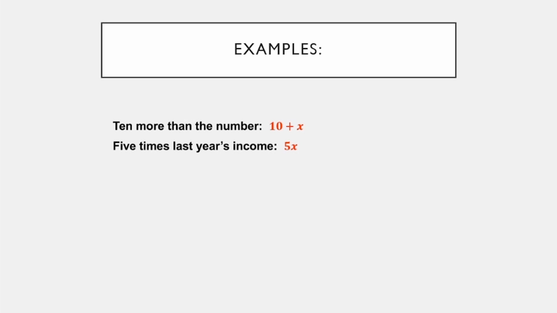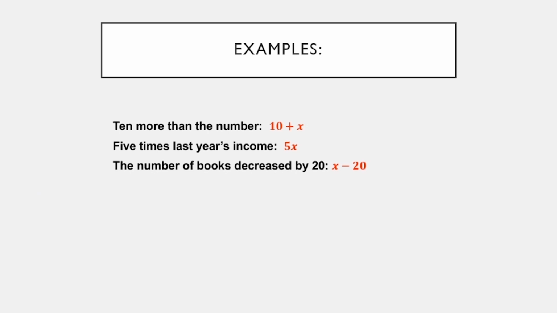So we have here our examples. Ten more than a number. If we translate it into a mathematical phrase, it could read as 10 plus x. Number 2, 5 times last year's income, of course, 5x. Number 3, the number of books decreased by 20.